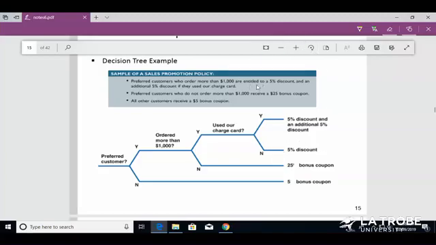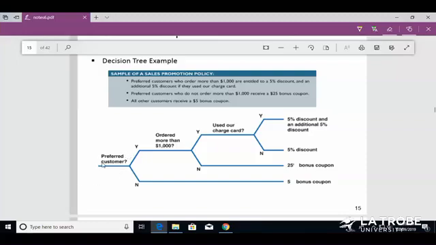The first one, entitled to 5% discount, and an additional 5% discount if they use our charge card. Did they use our charge card? Yes, give him another 5% discount. So if he is a preferred customer, orders more than 1,000, and uses our charge card, he will get a 10% discount. 5 plus 5.